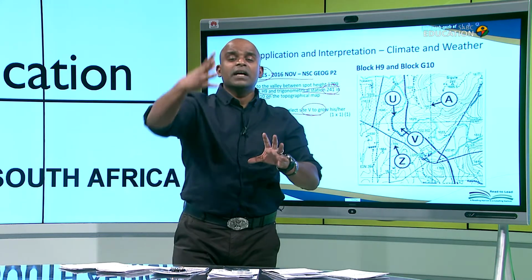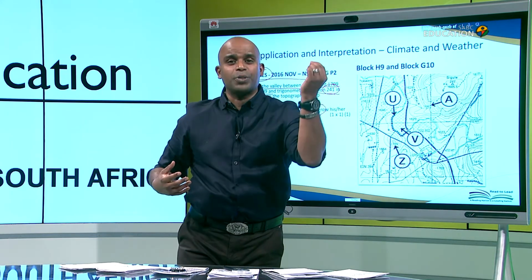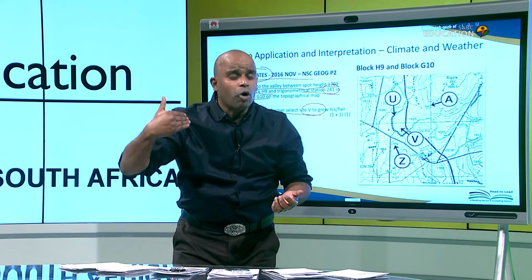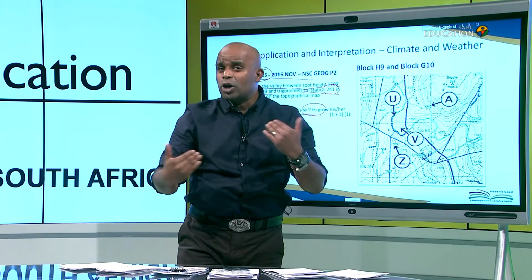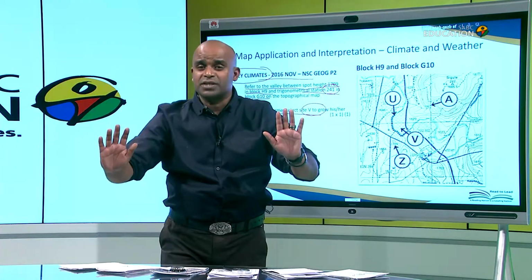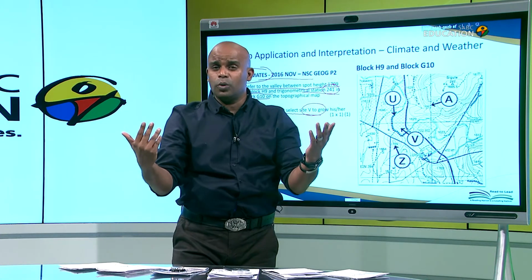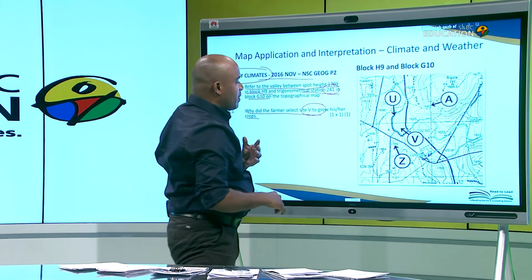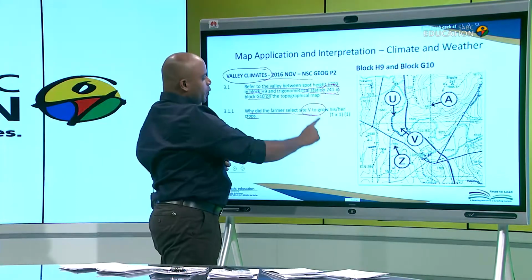We are still testing your knowledge on both anabatic as well as katabatic winds. And therefore, if you had the pre-knowledge going into an examination of anabatic and katabatic winds, you should be able to know how to apply this on a map. And in this particular map, note that the following is applicable.